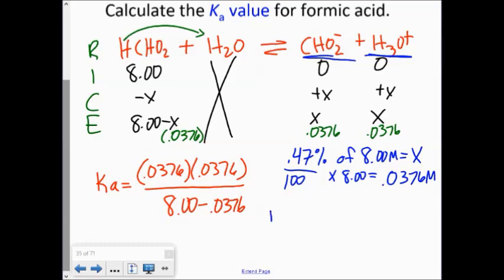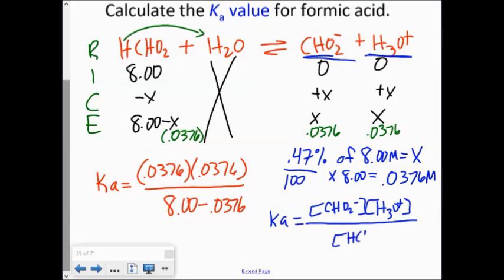If you're not seeing where I'm getting my Ka expression, remember it's going to be the concentration of the formate times the concentration of the hydronium over the concentration of the formic acid. That's where I got it from. I basically substituted in my value here, in my value here, for these two, and then this was substituted in down below. And what does our Ka end up being?